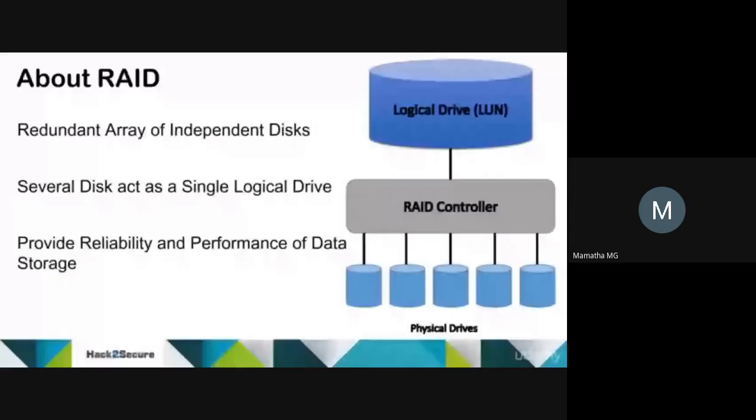RAID technology has now grown from a theoretical concept to an industry standard and is a common implementation in data storage arrays. Traditionally, we can implement RAID using software or hardware methods. Let's analyze these methods one by one.